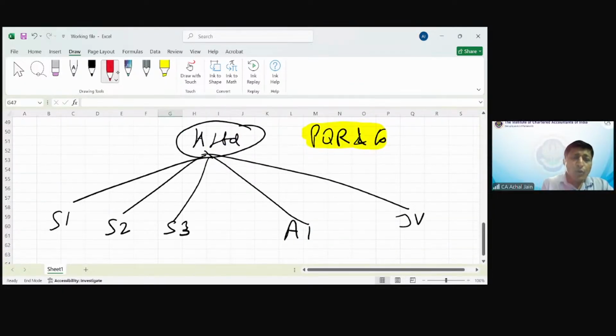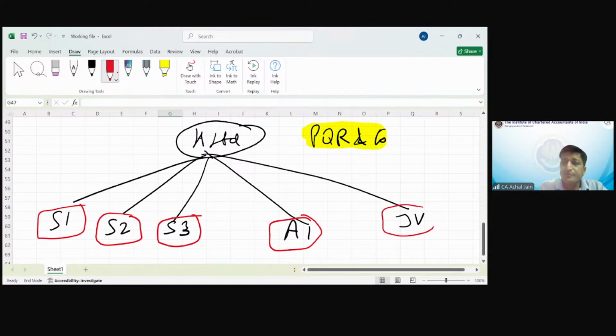So now, for all of these components, it's not necessary that PQR will be auditing their separate financial statements. Correct? Some of these components may be audited by another auditor.